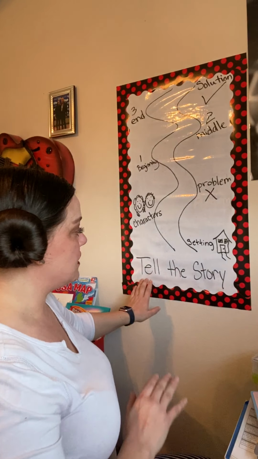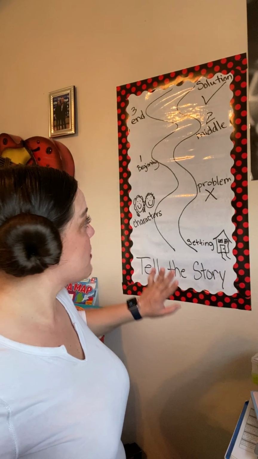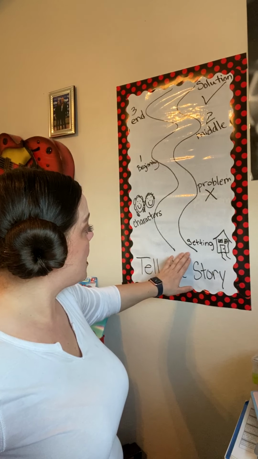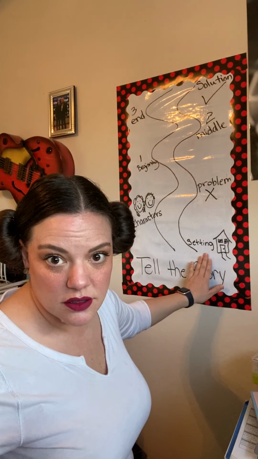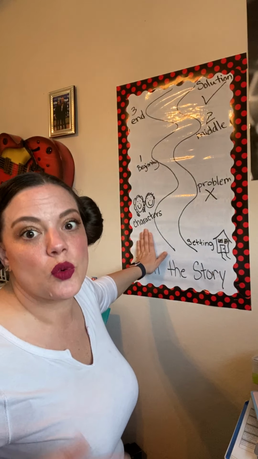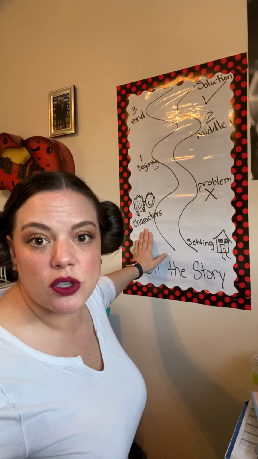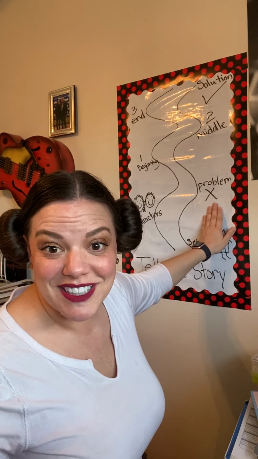So behind me, I have something called a story path. And in every story, we have a setting, we know that, where the story takes place. We have the characters, we know about that, the people or animals in the story. The problem, we talked about this last week.